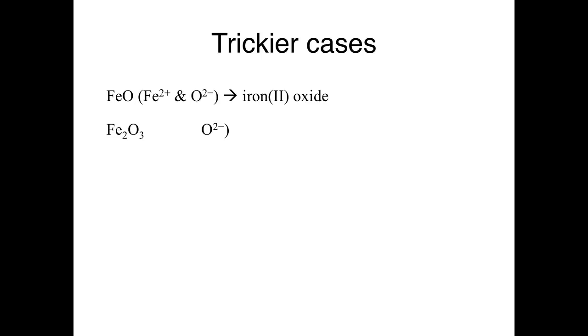What must the charge of each iron ion be? It must be positive 3, because 2 times positive 3 gives you positive 6. The iron will give you positive 6, the oxygen will give you negative 6, and positive 6 plus negative 6 is 0. That tells you this is the correct charge of iron, giving us the name iron(III) oxide. The 3 again signifies the charge of the iron.